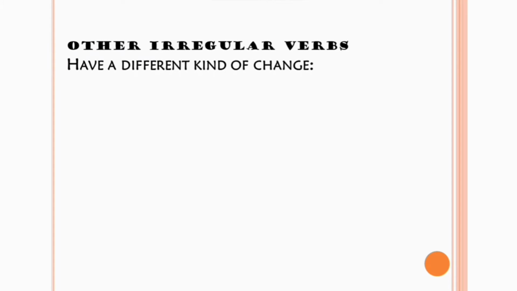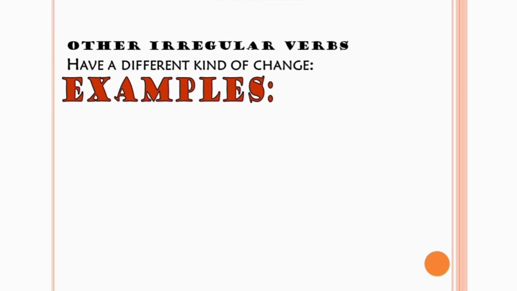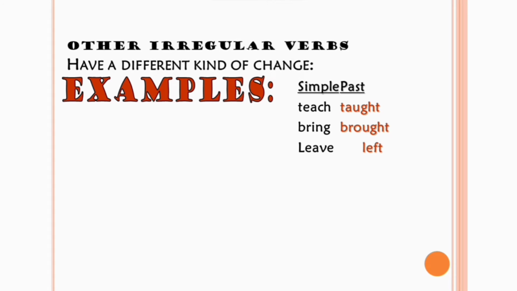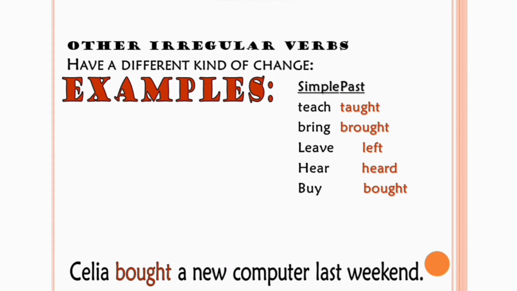So, other irregular verbs have a different kind of change. Here are some examples. Teach, taught, bring, brought, leave, left, hear, heard, buy, bought. Celia bought a new computer last weekend.